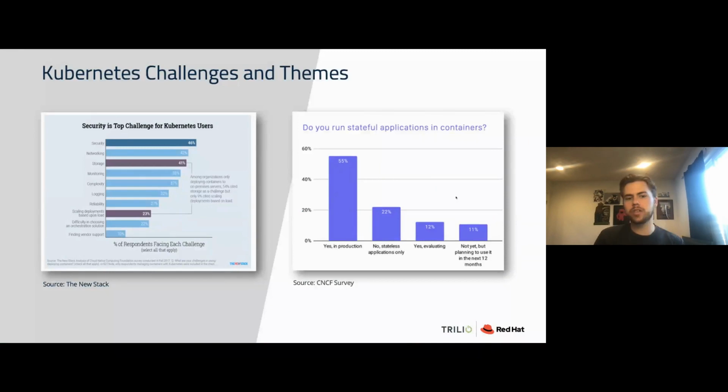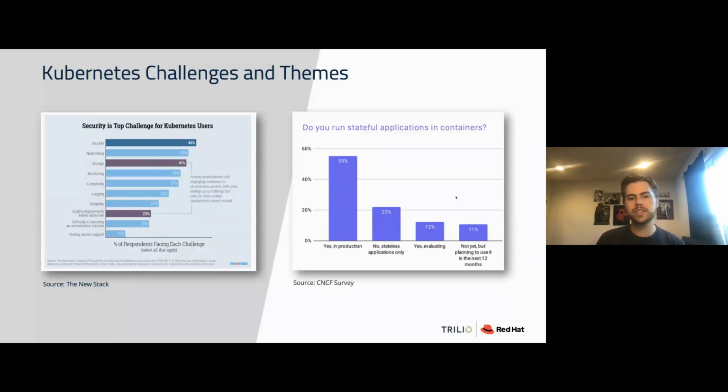So first and foremost, we're going to talk a little bit about the key challenges of Kubernetes and the themes that we see in Kubernetes users today. So here we see 2 different polls that were taken. First one on the left was taken in 2017, and on the right was taken in 2020.